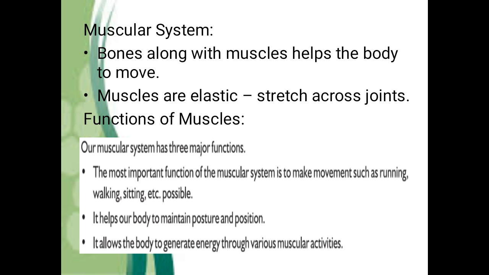Next, muscular system. These are nothing but muscles. Along with the bones, they help in movement of the body. They are very stretchable and elastic. The main function of the muscular system is to keep our body in a moving position. It helps in maintaining posture and position of our body, and it allows us to generate energy through various muscular activities.